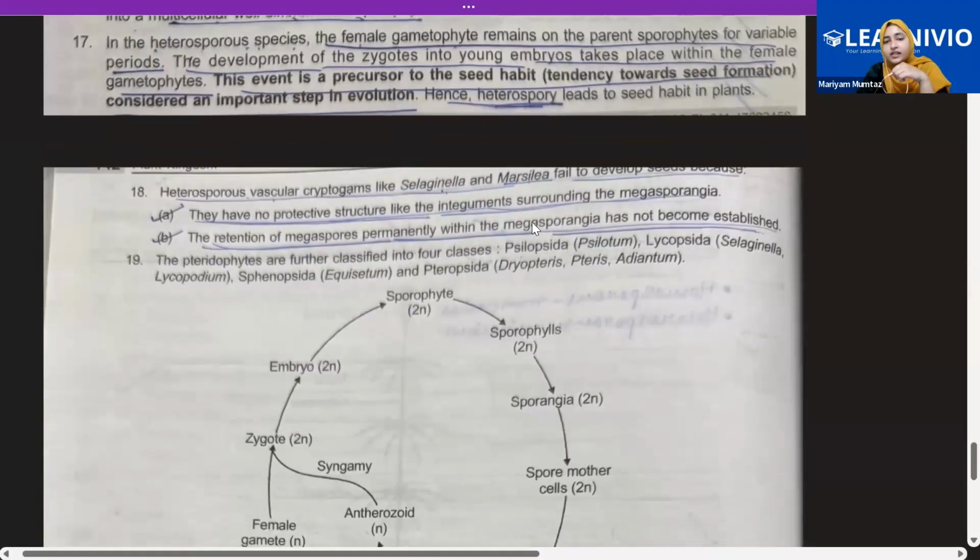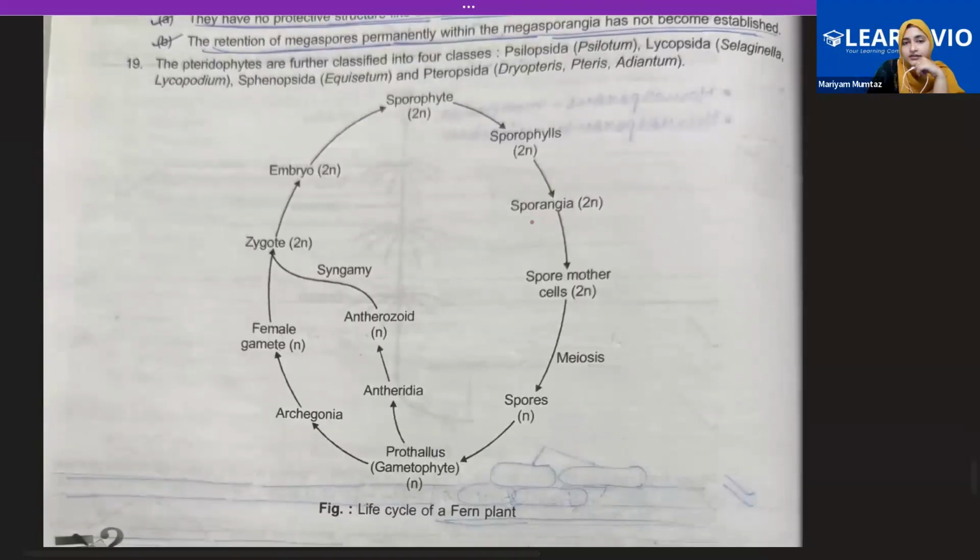Now, see this. The sporophytic plant body, which is diploid, is going to give rise to the sporophylls. Sporophylls are those leaves that bear sporangia.